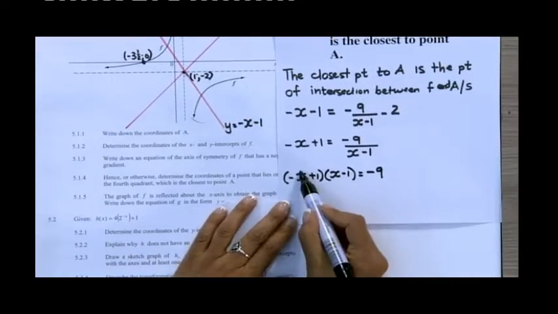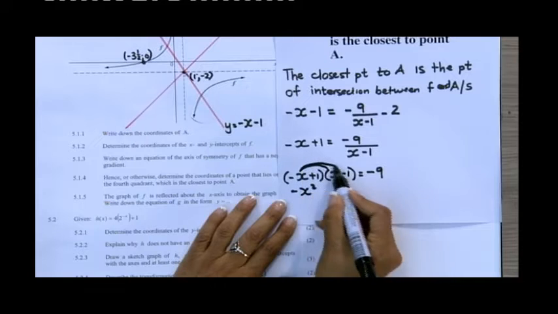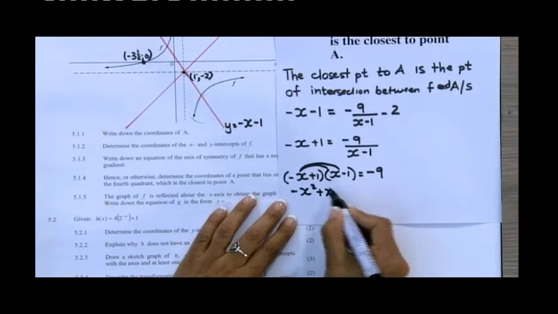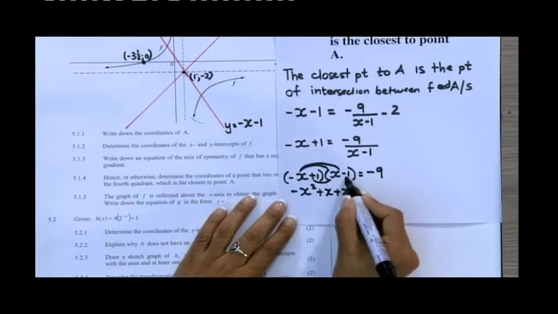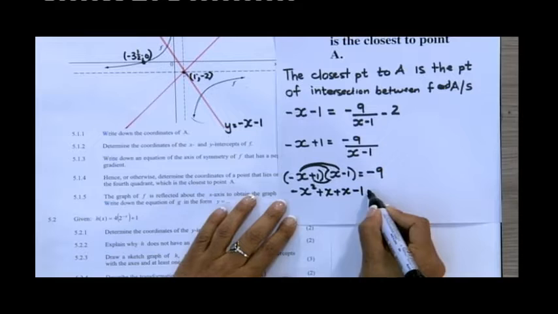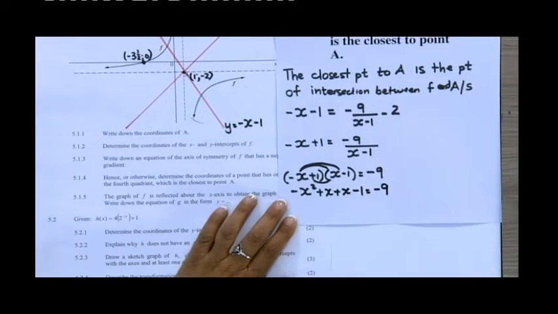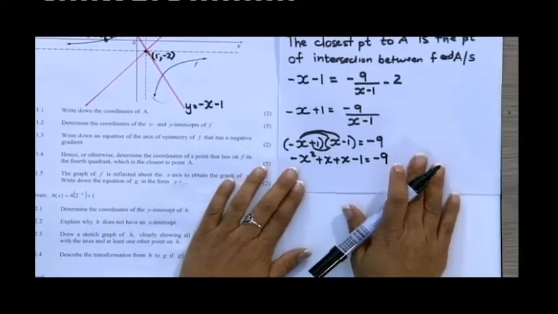I am now going to just remove my brackets. That's negative x squared. That gives me negative x times negative 1 is plus x. This is another plus x here. Plus 1 times minus 1 is minus 1, which is equal to minus 9. All my brackets have been removed, and you can see that I'm going into a trinomial.